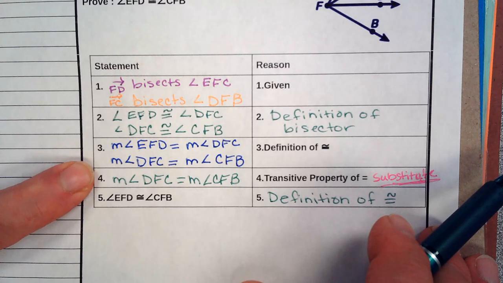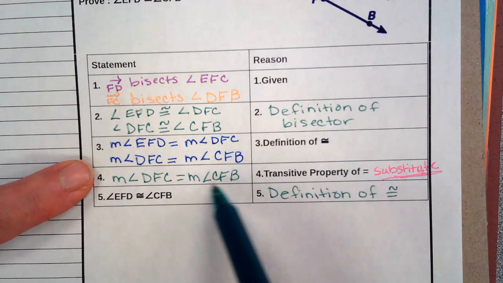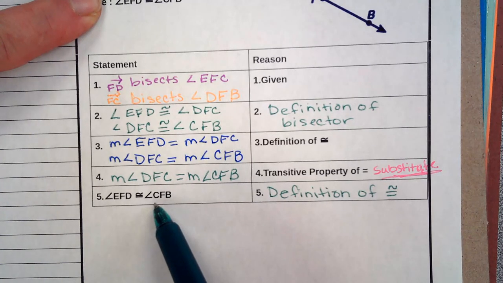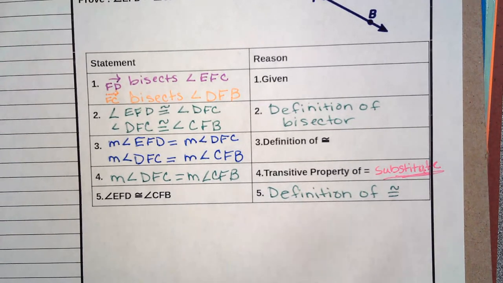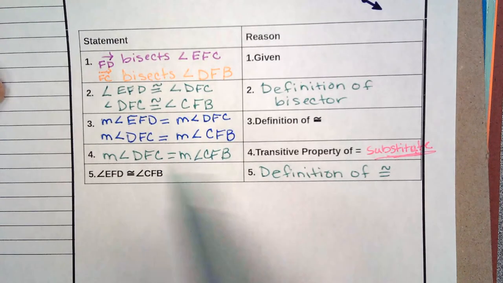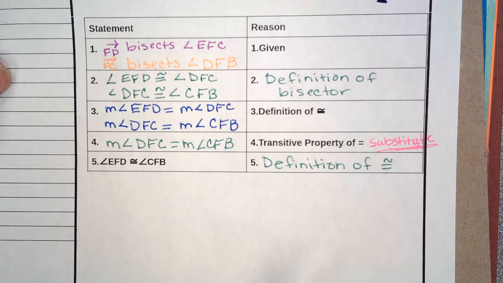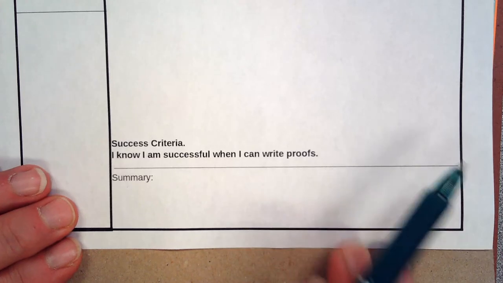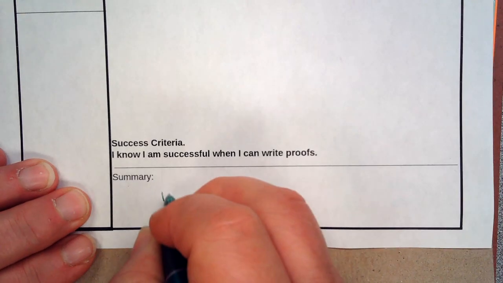That's your transitive. What we want to find is they're congruent, and that is your definition. So make sure as you're going through these, you look at each step along the way, and you say, okay, what does that mean and how do I use it? So you'll know you're successful when you can write proofs. So this is writing proofs.